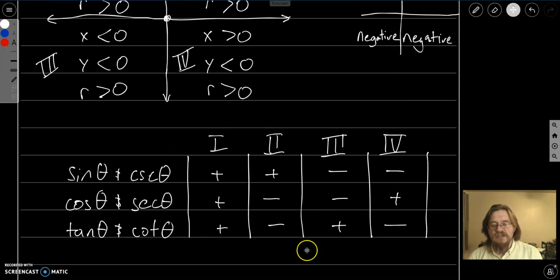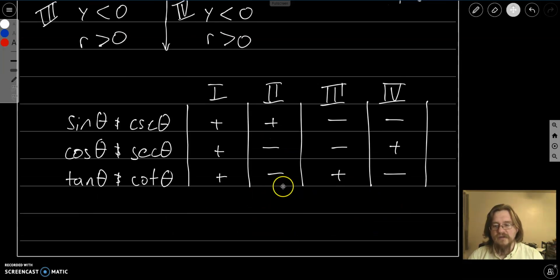And this, in general, is fairly quick. You would just look to see, okay, in that quadrant, what are x, y, and r? Are they positive or negative? And you figure out which ones are used in here. Sine is y divided by r. Cosine, x divided by r. Tangent, y divided by x. So you just look to see whether or not the negative signs cancel, if there are negative signs, and you can tell whether or not they're positive or negative.